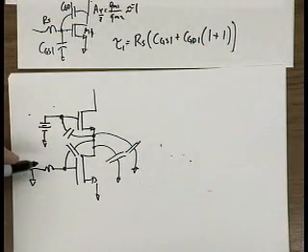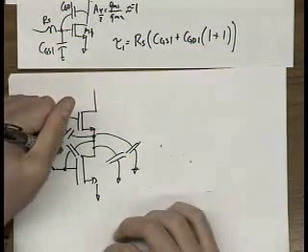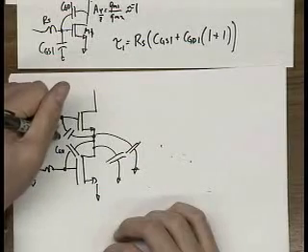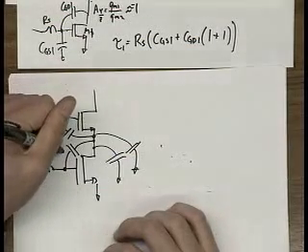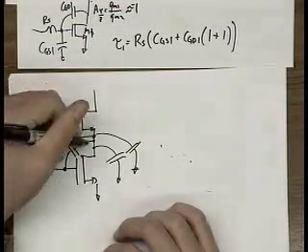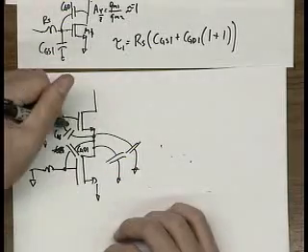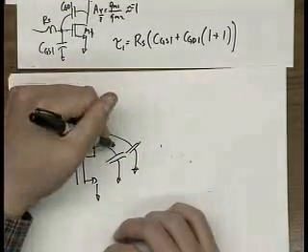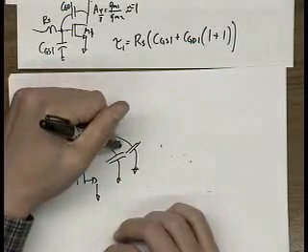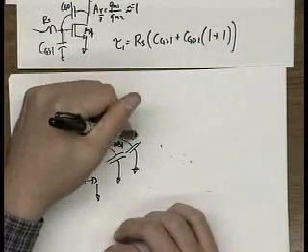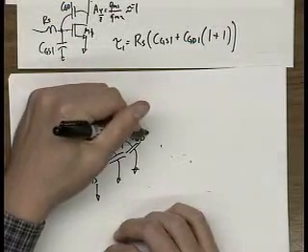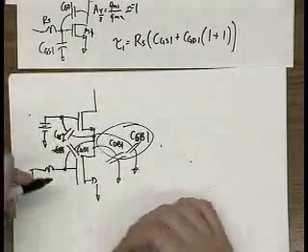So, CGS1, CGD1, CGS2, CDB1, and CSB1. So I'll just lump these 2 together.